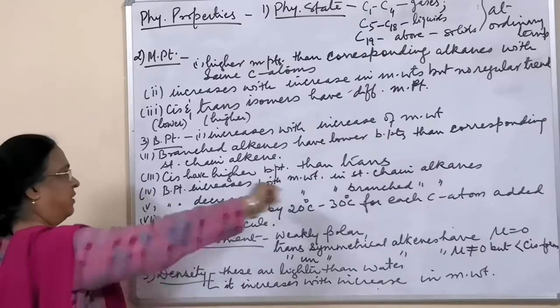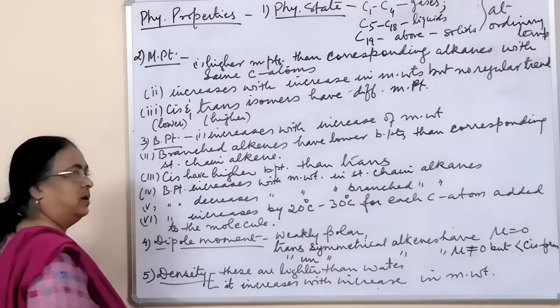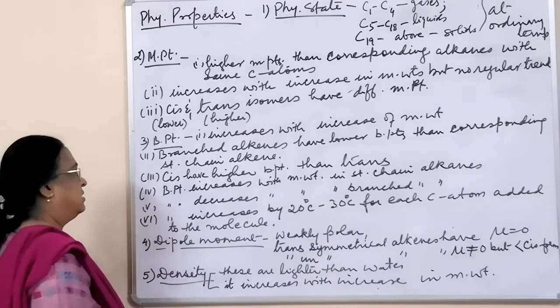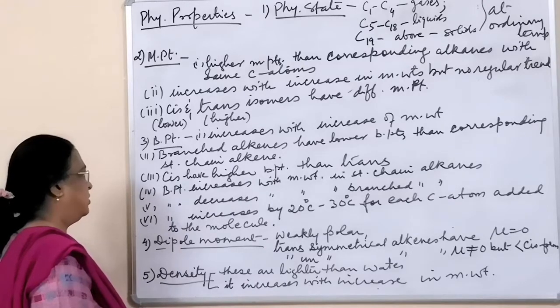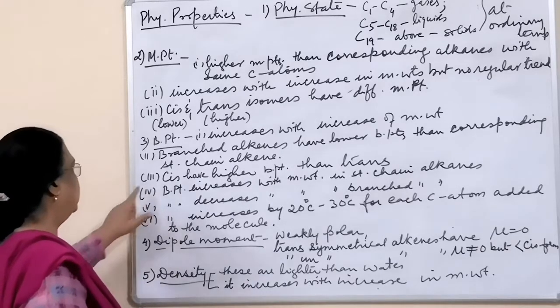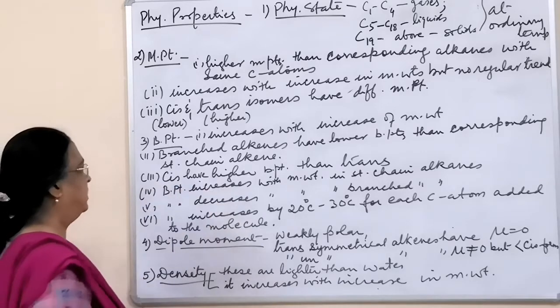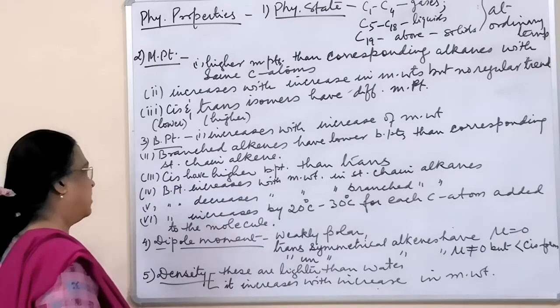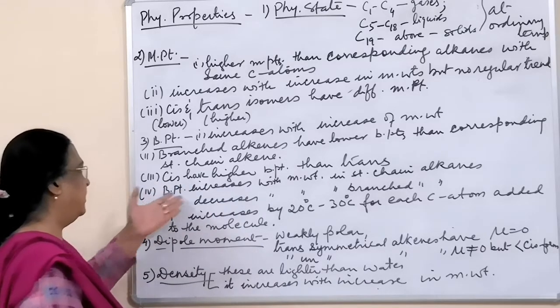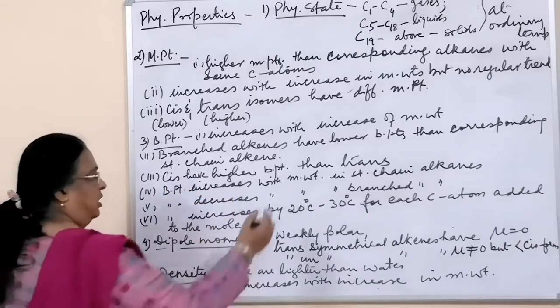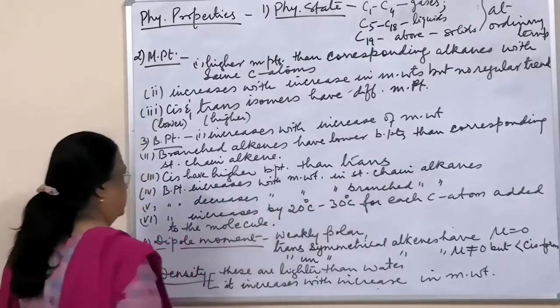Branched having lower boiling point means what? Crowding is there and it is less stable, so easily it will be turned into vapor. Then third, cis has a higher boiling point than trans. Boiling point increases with molecular weight in straight chain alkanes.